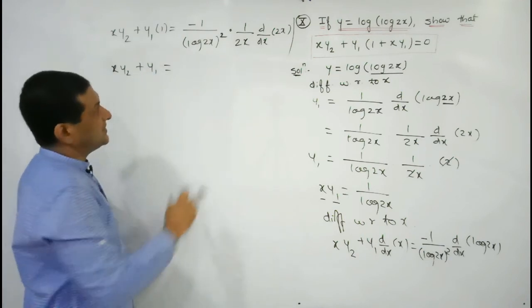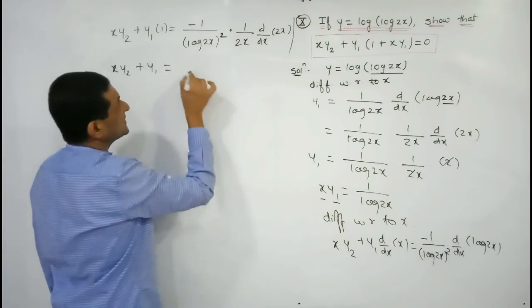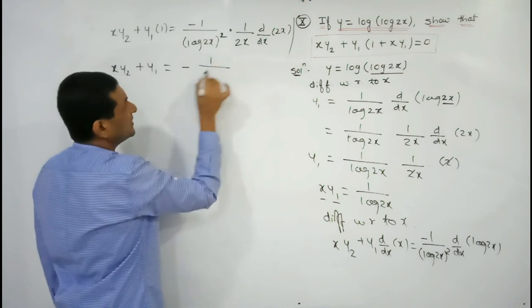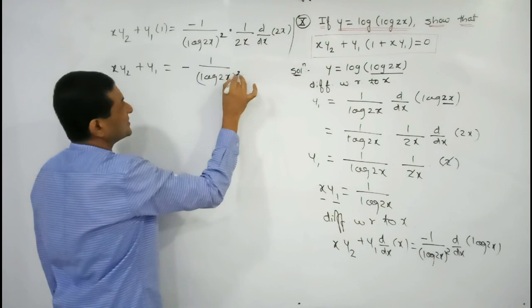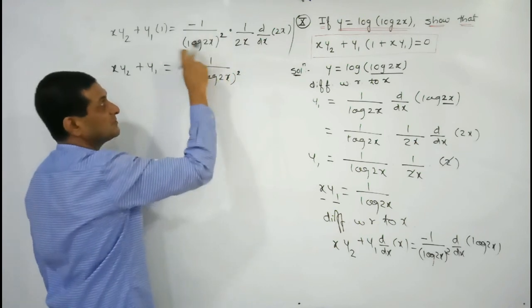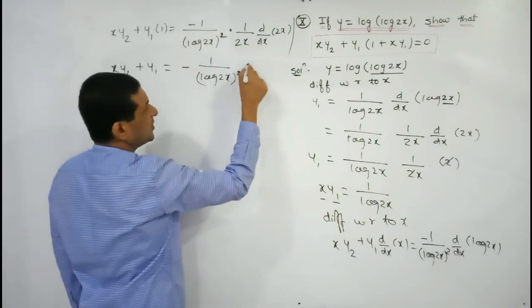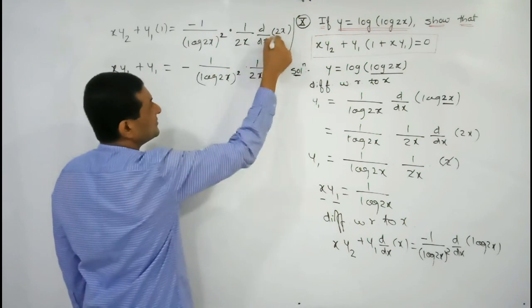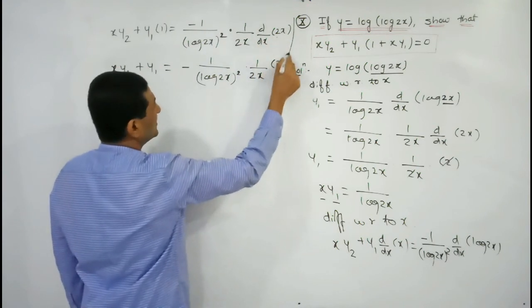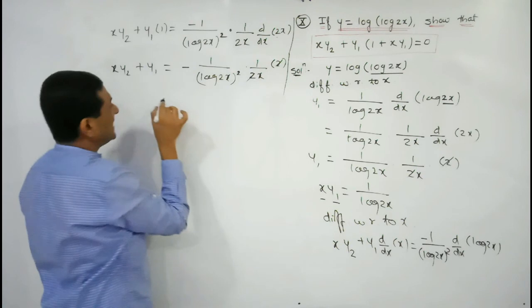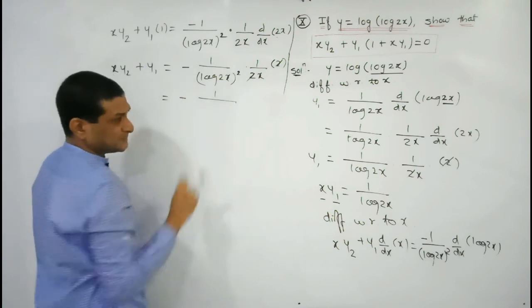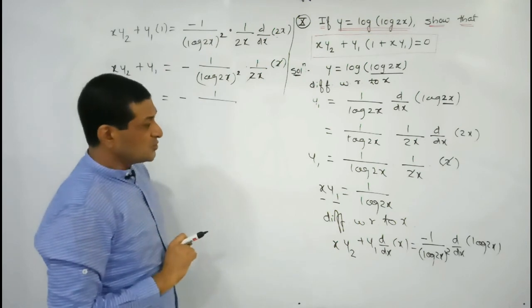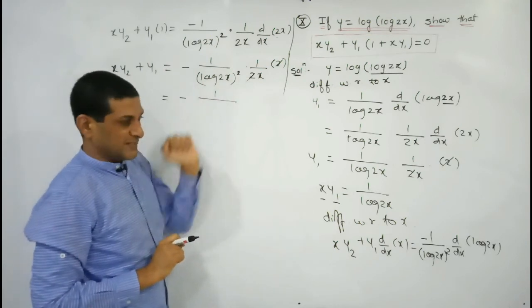Simplifying the other side, here minus 1 upon log of 2x whole bracket square, keep it as it is, into 1 upon 2x also as it is, and the derivative of 2x is equal to 2. Now 2 will get cancelled, so we get minus 1 upon... now we do not require the term of log 2x, isn't it?